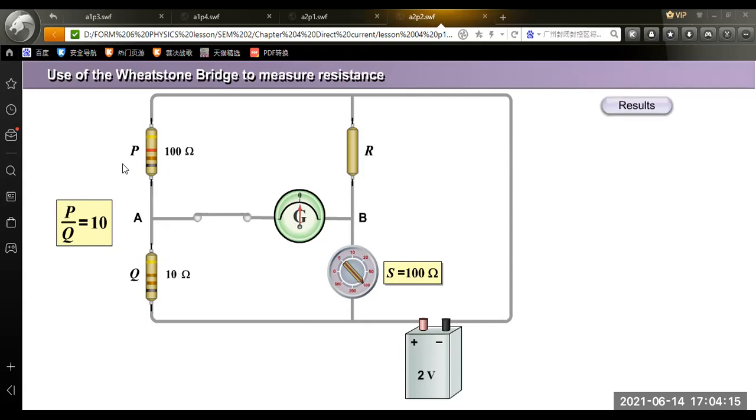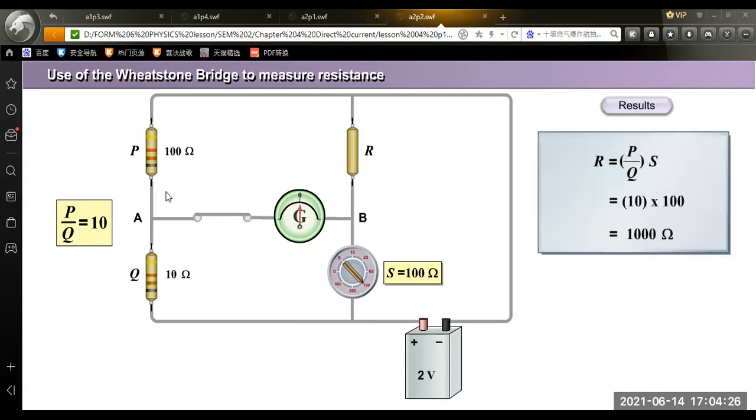By using P over Q equal to R over S, and substituting P equal to 100 ohm, Q equal to 10 ohm, S equal to 100 ohm, then we get that R will be 1000 ohm.